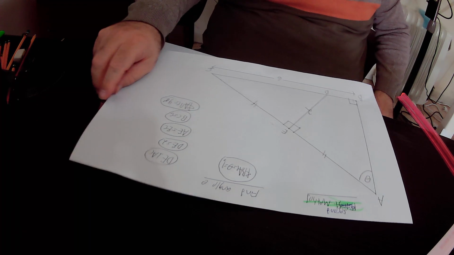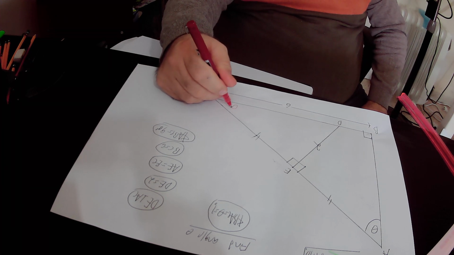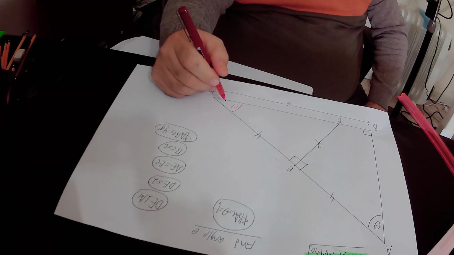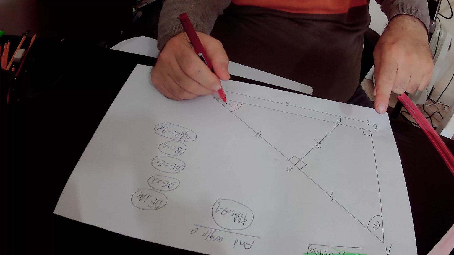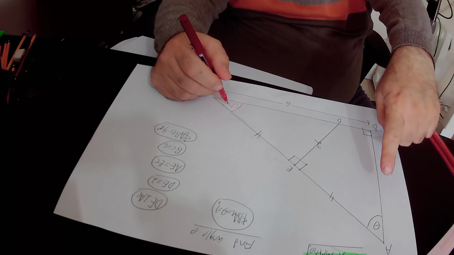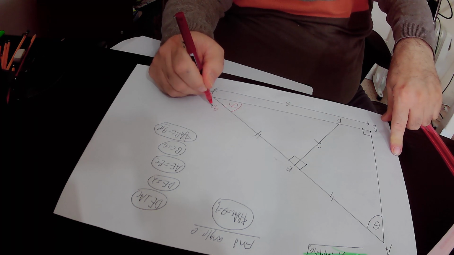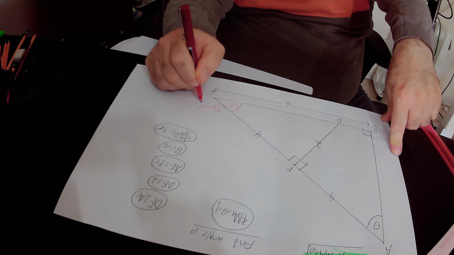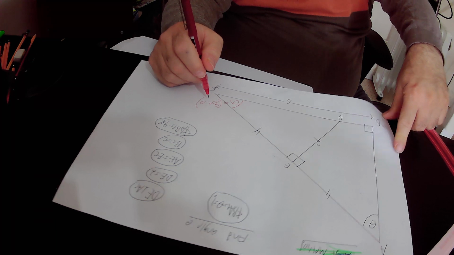In the second method, we will define this angle as angle alpha, and here we know that in the right triangle ABC, this angle equals 90 degrees, this angle equals theta, so this angle must be equal to 90 degrees minus theta in order to complete the sum of the angles in the right triangle ABC, 180 degrees.